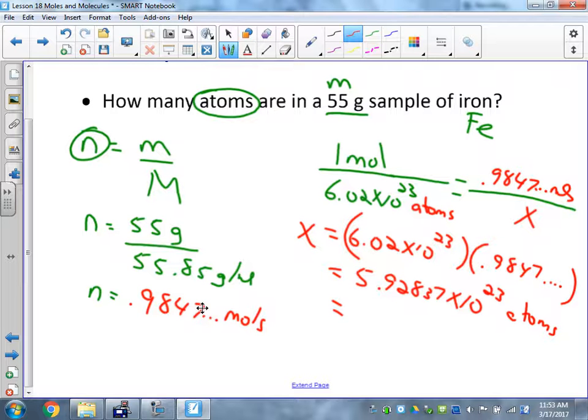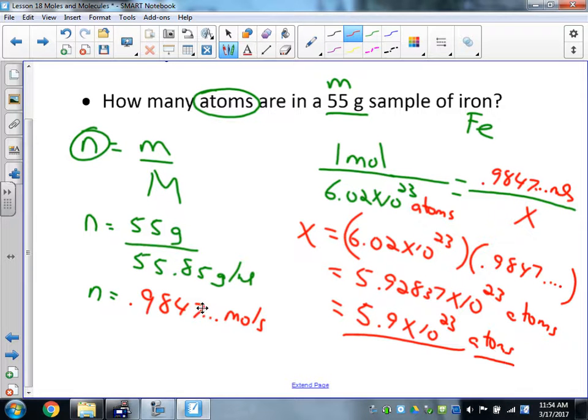And probably your best answer in this case, we'd go back to the question. In the question, how many significant digits do I have? 55? 2, yeah? So let's have 2 in my answer. I would just call it 5.9 times 10 to the 23 atoms.